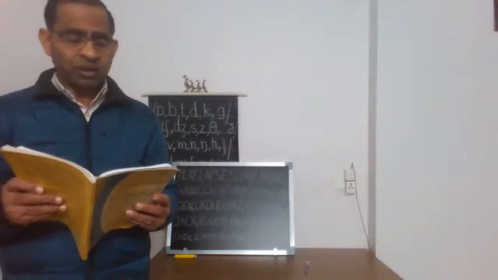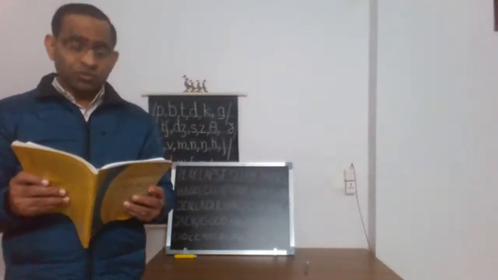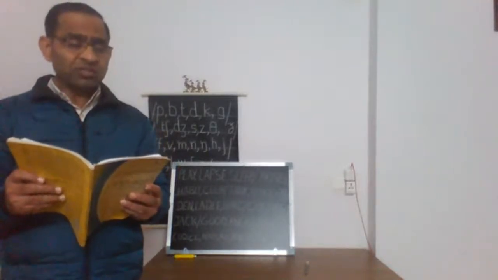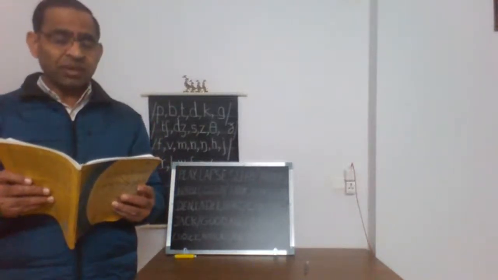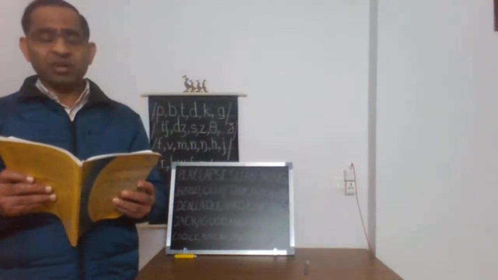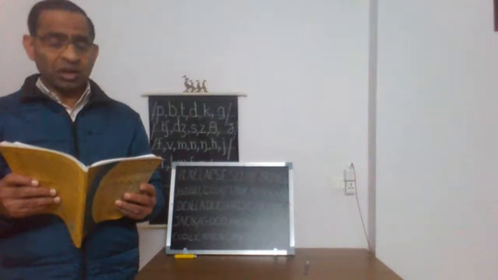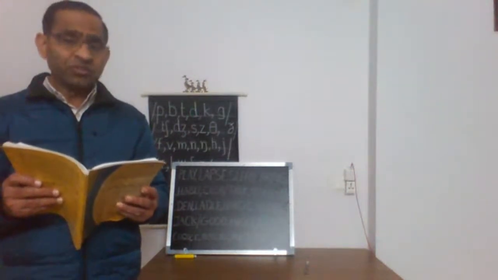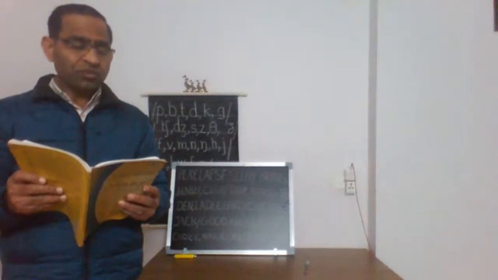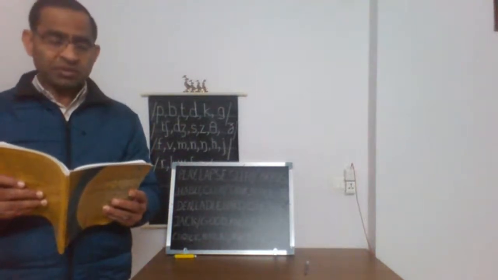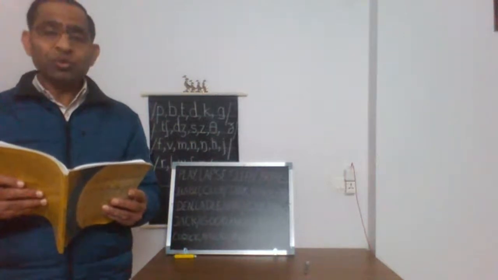clothe. Then we have the s sound. It is the initial sound in sit, middle sound in taste, and final sound in loss. Then we use z, initially in zoo, medially in buzzed, and finally in lose.